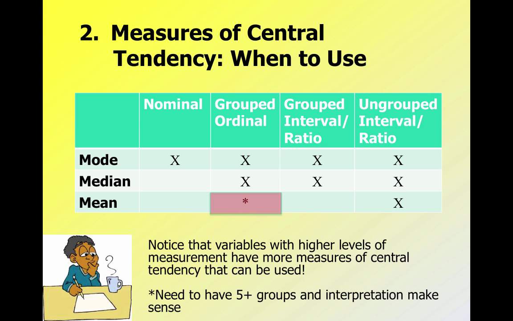So can we interpret a mean of whatever it is for that particular grouped ordinal variable? If it doesn't make sense, then we can't and we shouldn't calculate and report the mean. But if it does make sense and we can interpret it in some meaningful way, then we can go ahead and calculate and report the mean for a grouped ordinal variable. And we'll see that in the coming slides.